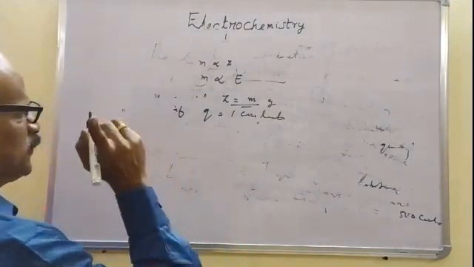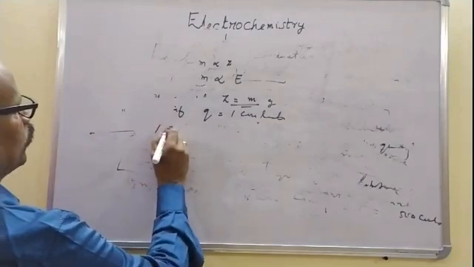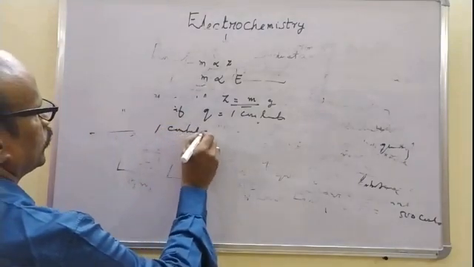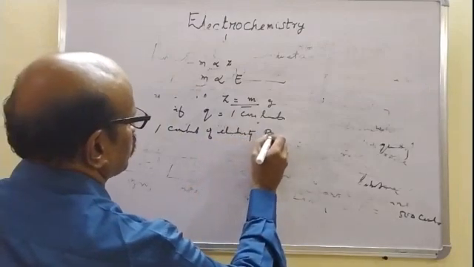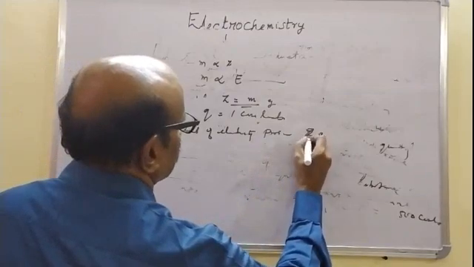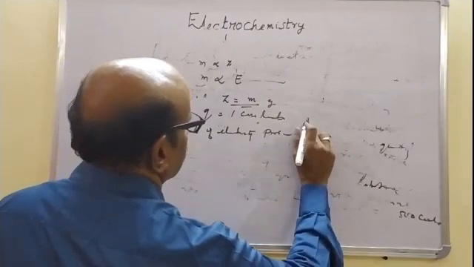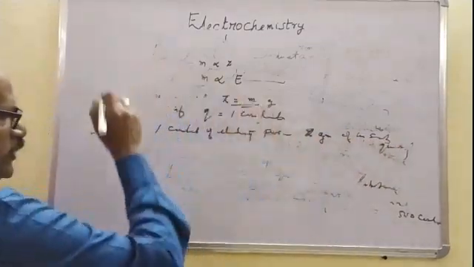Z gram of the substance. 1 coulomb of electricity produces Z gram of the substance, according to this equation.